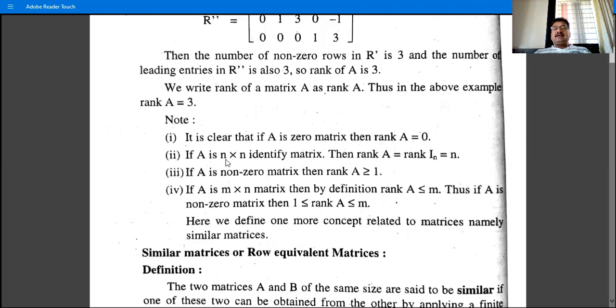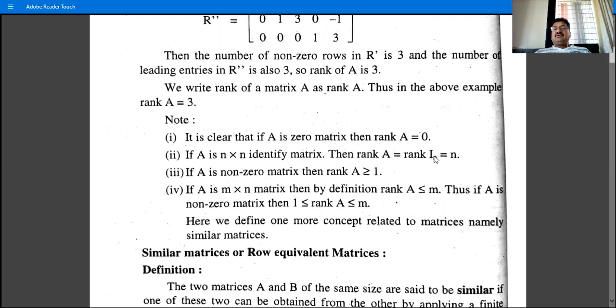Suppose A is the general identity matrix of order n by n. We can denote it by the notation I suffix n. I is the notation for the identity matrix, and the suffix n denotes its order.